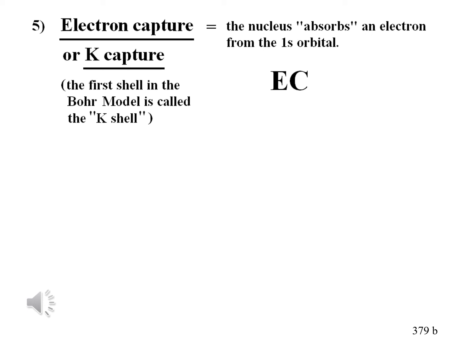If the nucleus can do this, to become stable, it just reaches out and pulls an electron into the nucleus and absorbs it from the 1s orbital. That's why it's also called K capture, because in the Bohr model, the first shell is called the K shell.